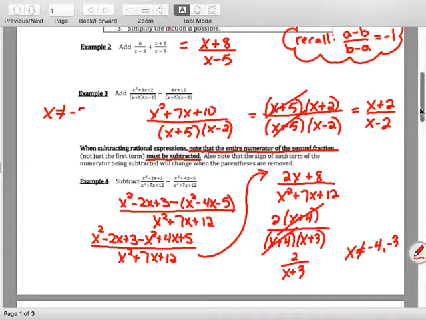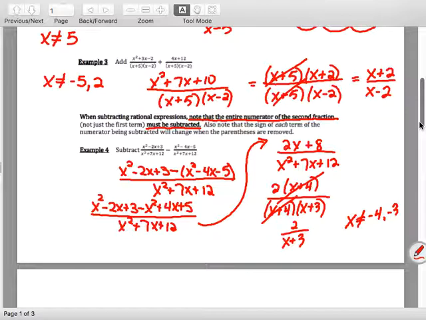X can't be -5 or 2. And in example 2, x can't be 5. Yes, and the reason why it's the opposite is, do you remember, if you set x minus 5 equal to 0, you do the opposite. Yeah. So you're right, there's a little pattern there with your restrictions.